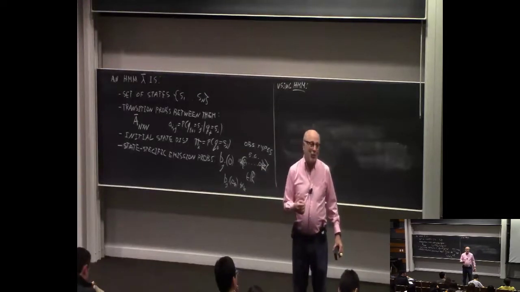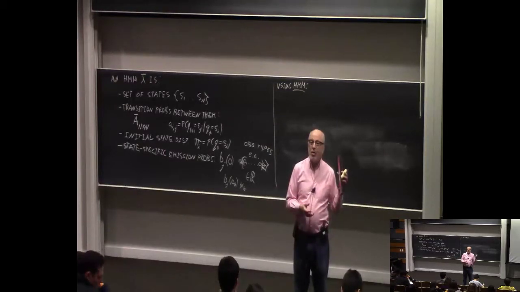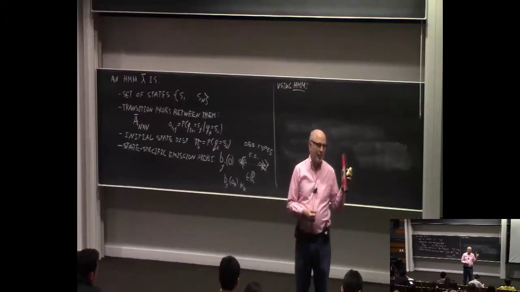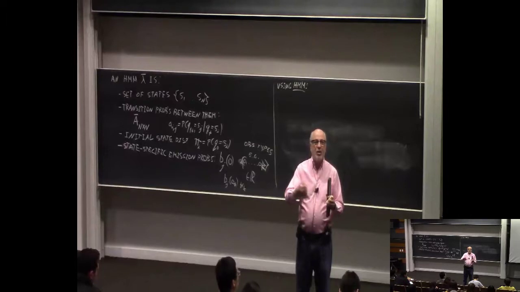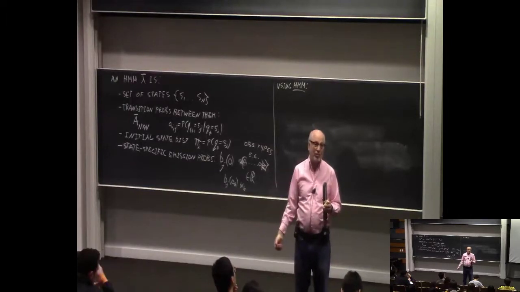It doesn't mean I know what the future will be. I can assign different probability to different things, but I don't know what the future is. The same thing holds here. If you know the HMM, you know the rules of that world. It doesn't mean that you know how the system is going to evolve in time. So it is still an HMM because as the system starts evolving, you don't know what state it's in. You only see the observables.